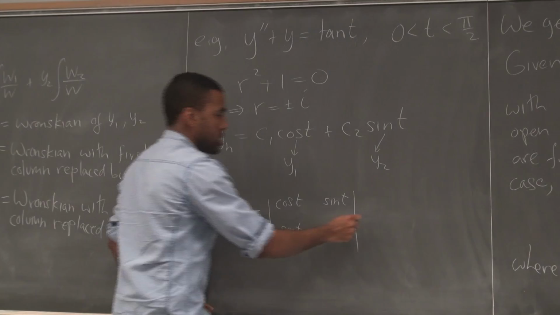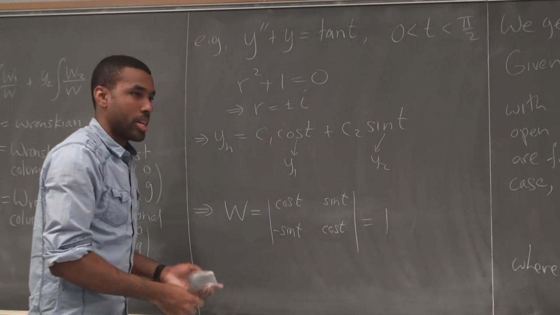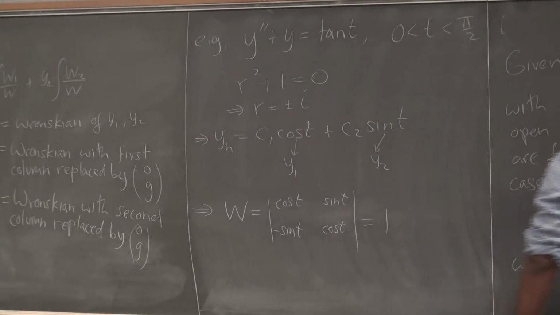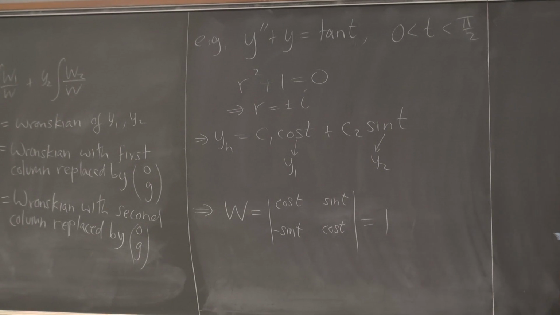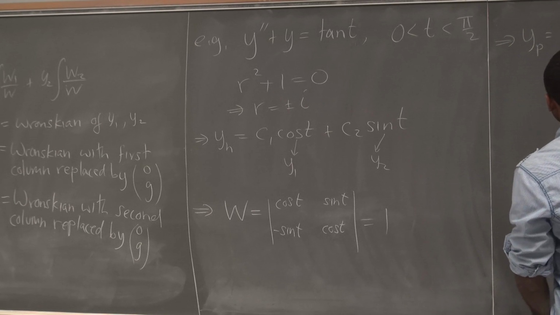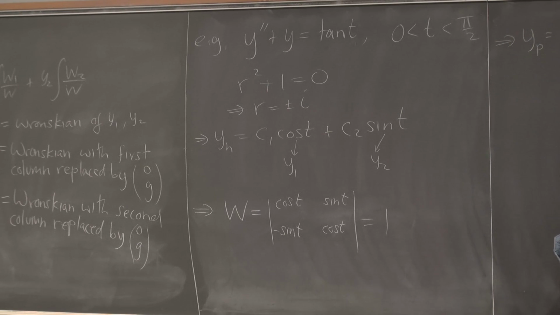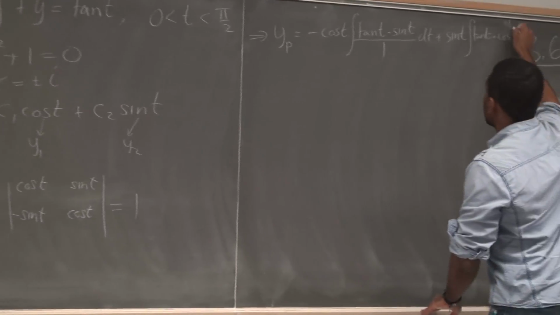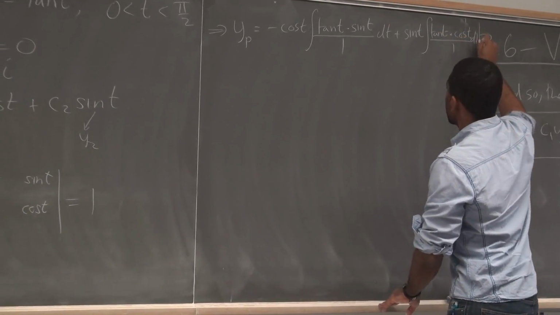Cosine squared plus sine squared, you actually get 1, so that one's actually nice. Now we can go. This implies yp is equal to minus y1 times the integral of g times y2 over the Wronskian plus y2 times the integral of g times y1 over the Wronskian.